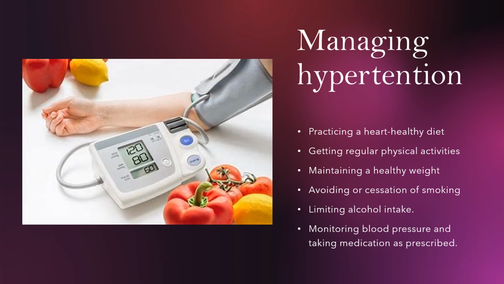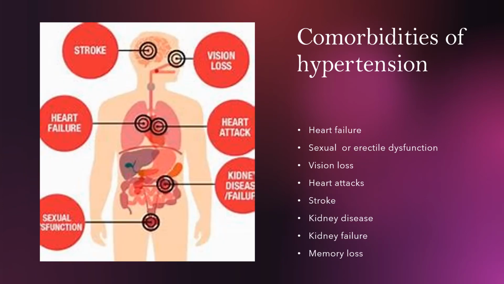As mentioned on the earlier slide too, constantly monitoring your blood pressure and taking your prescribed medication is very, very important. This helps you know if the medication prescribed for you is not working to decrease your blood pressure, or your blood pressure is consistently high.